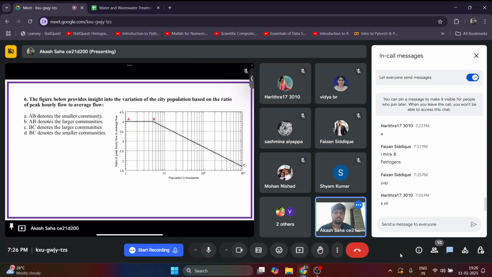Anyone knows? What is the ratio of peak flow to average flow? It is known as the peak factor or peaking factor.